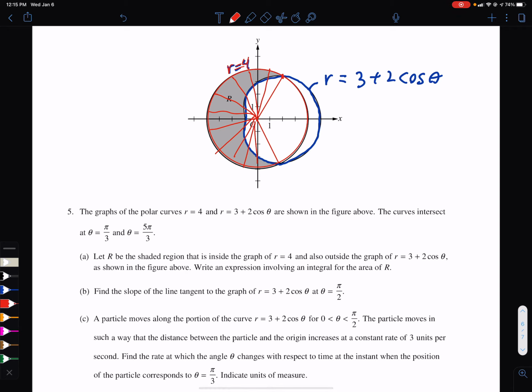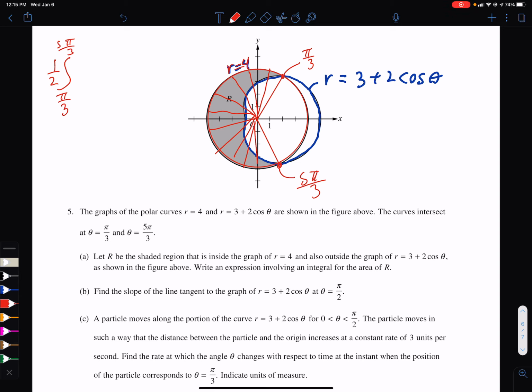My starting point they tell us is pi over 3, and that's 5 pi over 3. So the area of the shaded region is 1/2 integral from pi over 3 to 5 pi over 3.